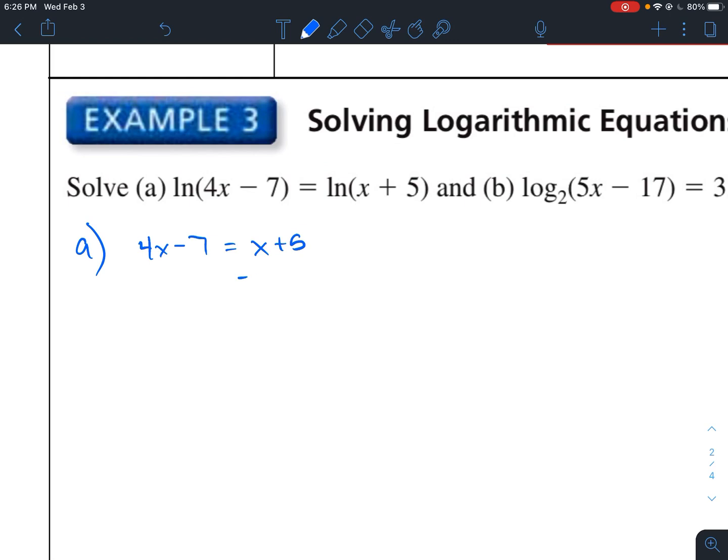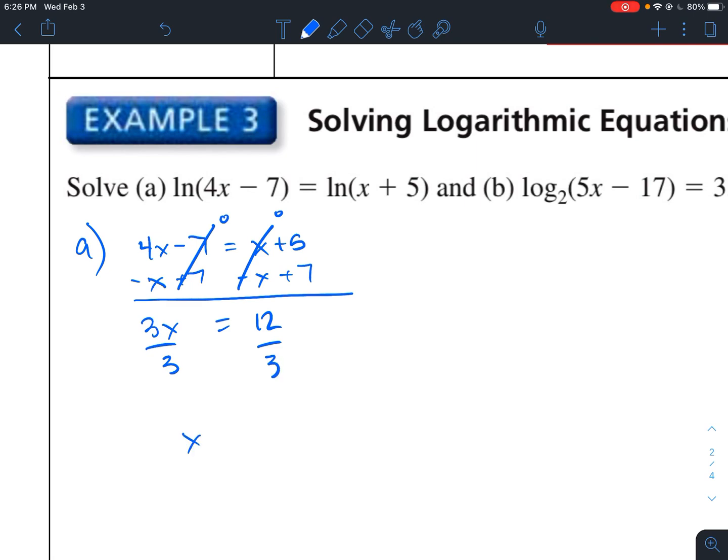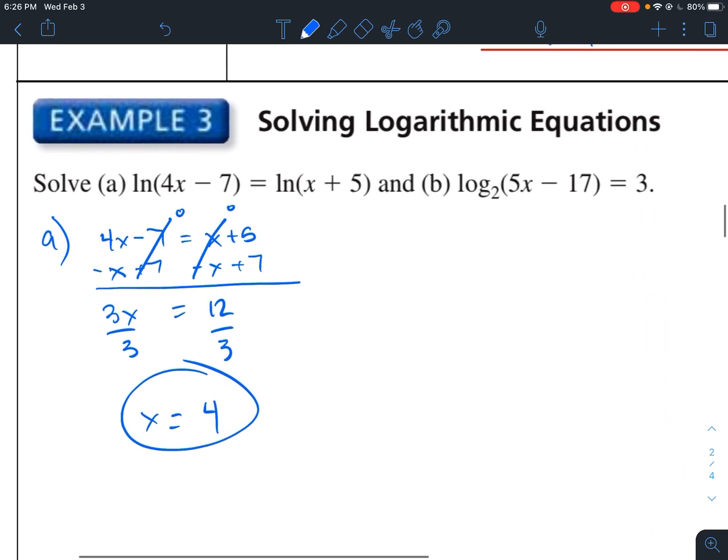I'll subtract an x from both sides, and I'll add 7 to both sides. On the left side, 4x minus x is 3x. 7 and negative 7 is 0. x and negative x is 0. 5 and 7 is 12. I can divide both sides by 3, and I'll get x is equal to 4. There you go.